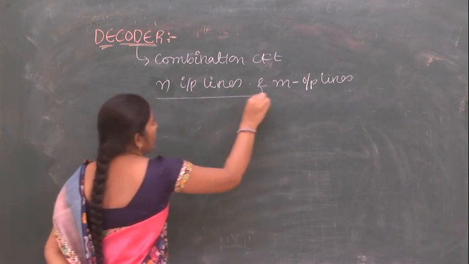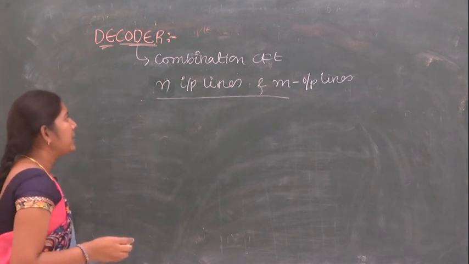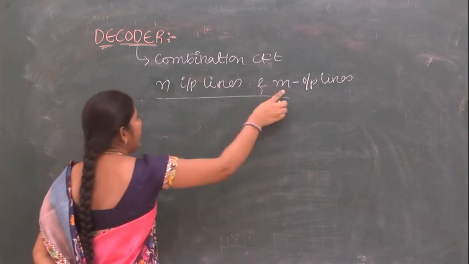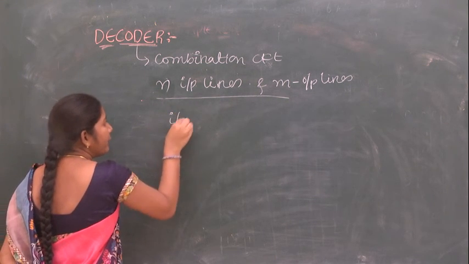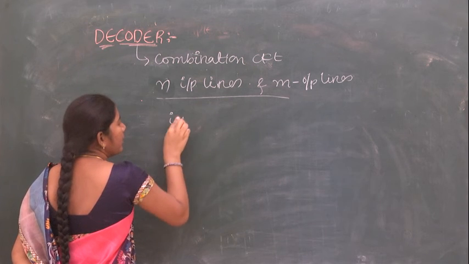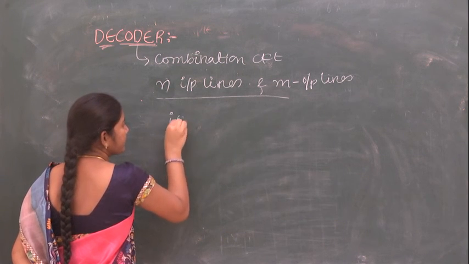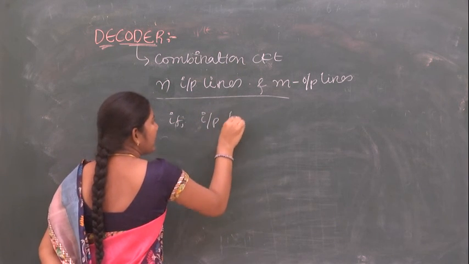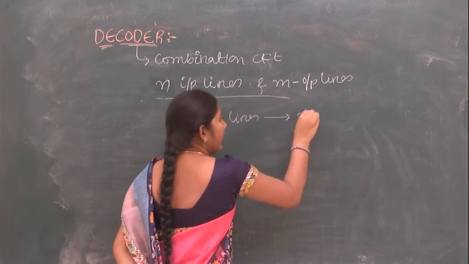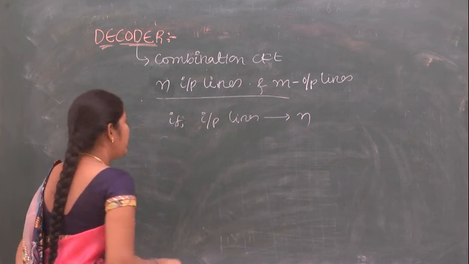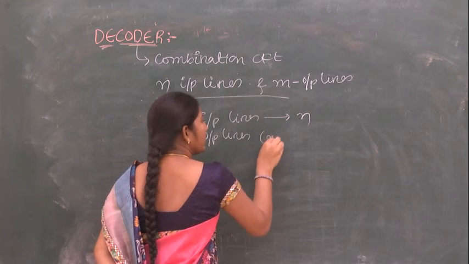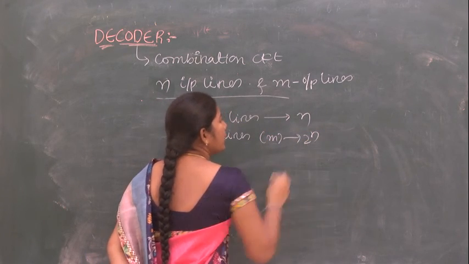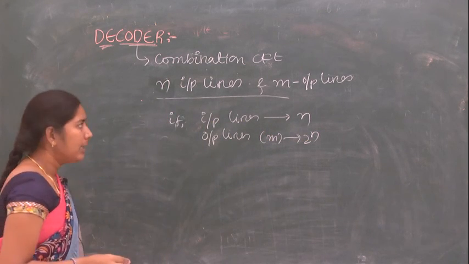Now the thing is, there is a relation between these n and m input and output lines. If input lines are n, then corresponding output lines are 2 power n.